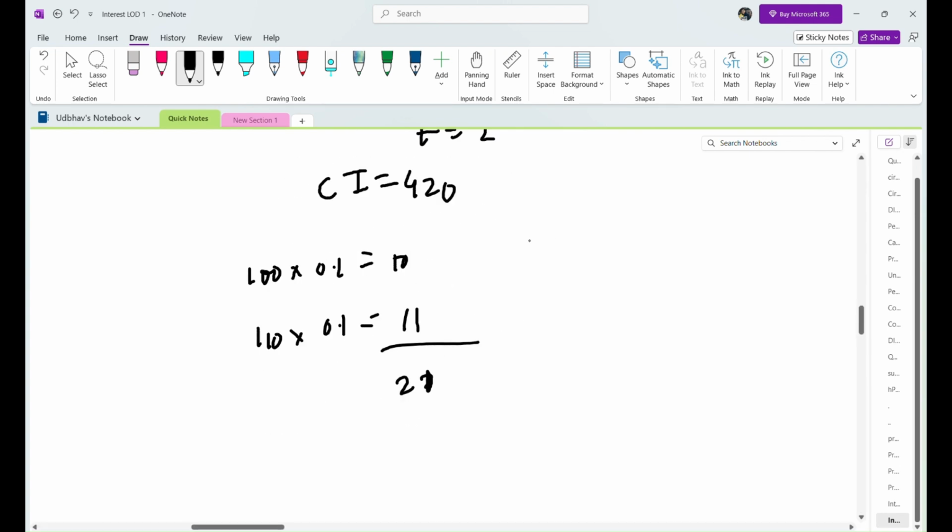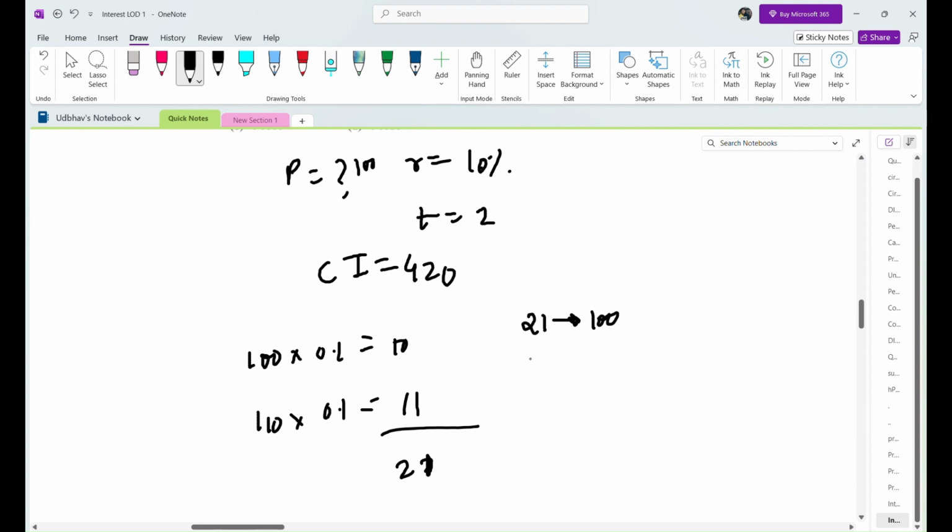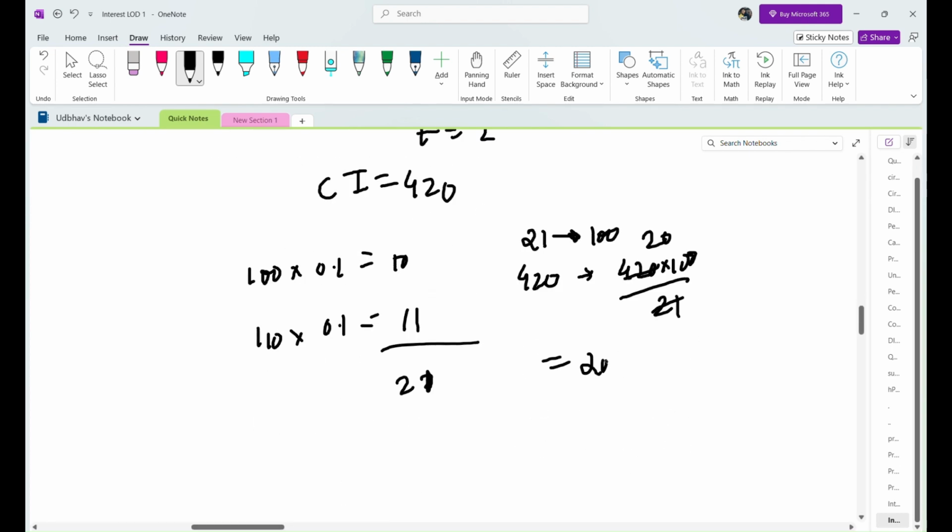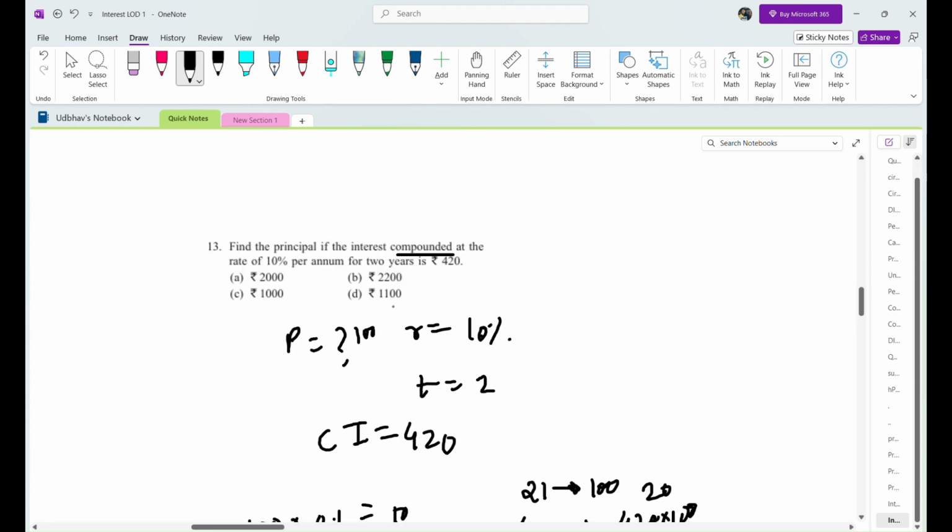When our compound interest is 21, the principal was 100 rupees. So now when our compound interest is 420, our principal will be 420 into 100 upon 21, 2000.